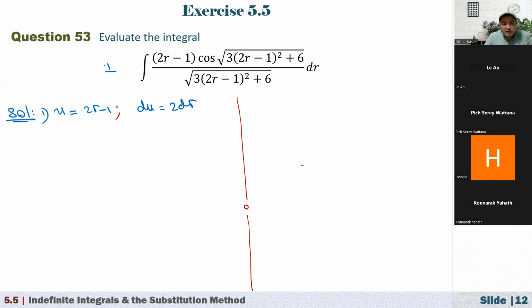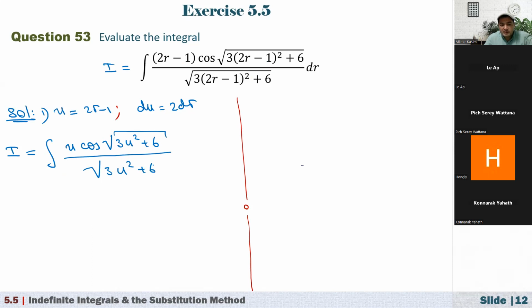Now, if I just make this substitution, the integral will be equal to the integral of 2r minus 1, that's equal to u, and cosine of square root of 3 times 2r minus 1 squared plus 6, it is u squared plus 6, over square root of 3 times u squared plus 6. And how about dr? dr is equal to du over 2. So here we have du, and here we have 1 over 2.